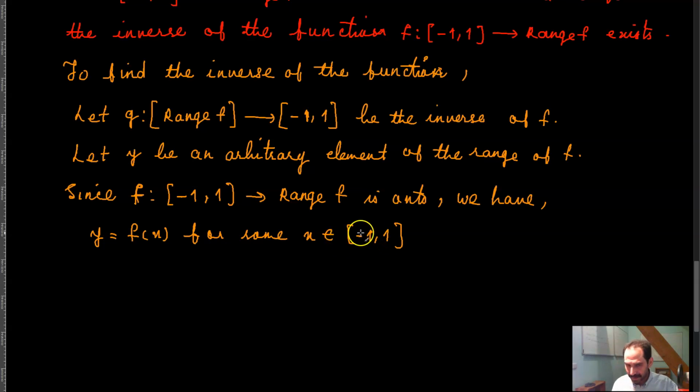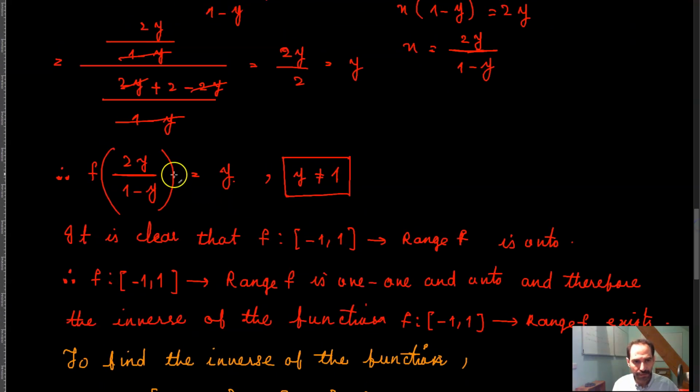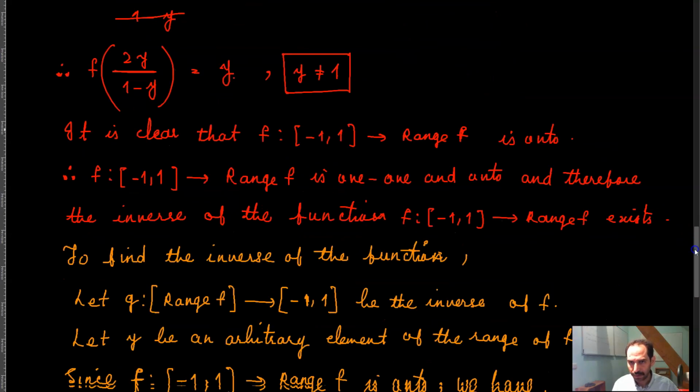So then you can say that y is equal to x over x plus 2, and if you do the math and all of the algebra that we did over here, we will get to this equation, which is x is equal to 2y over 1 minus y, right?